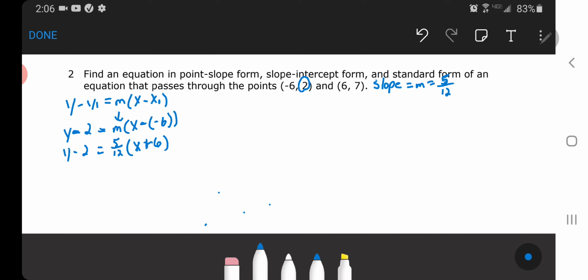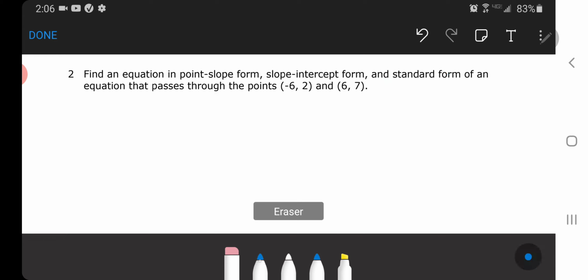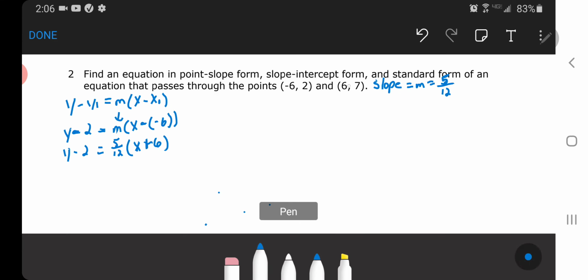Let's look at the other one using the other point. So this time I'm going to use that 6, 7. Once again we're using that y minus y1 equals m times x minus x1. So this time I'm going to let my y1 be that 7.